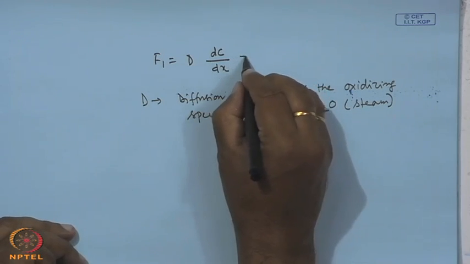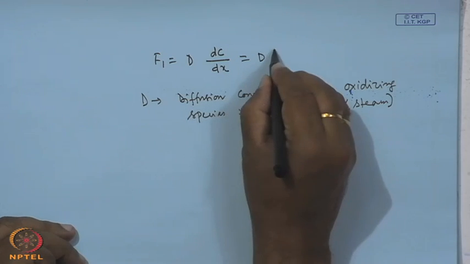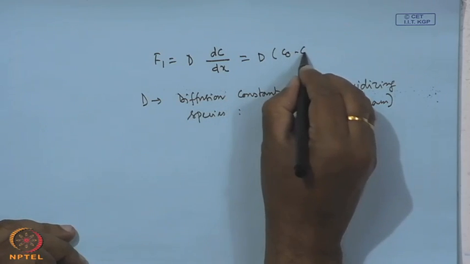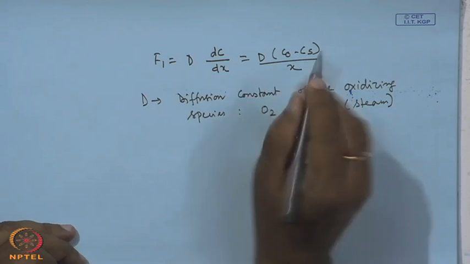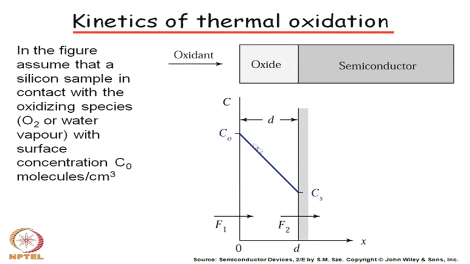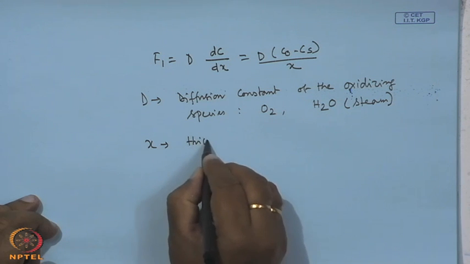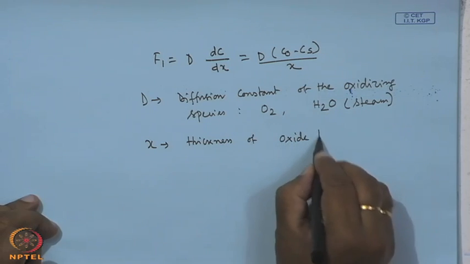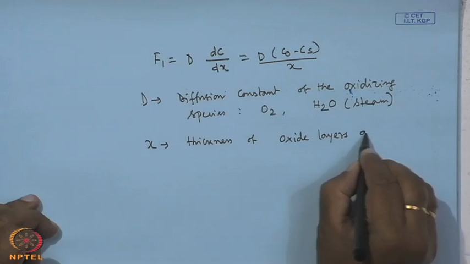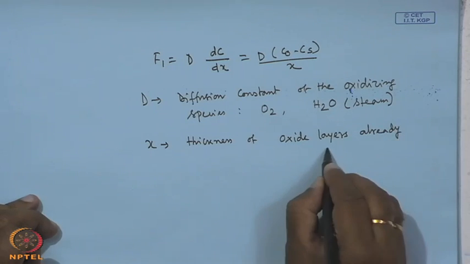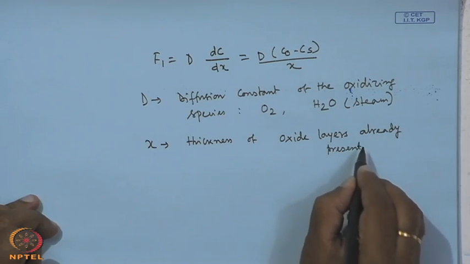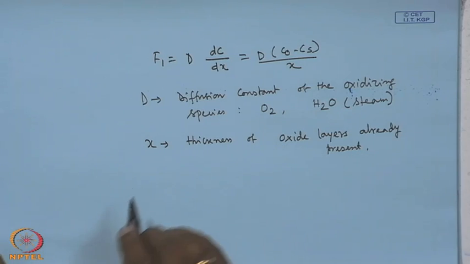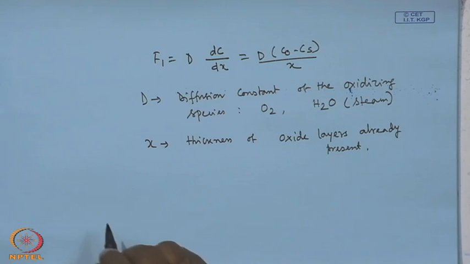This equals D (C0 minus Cs) by x, where x is the thickness of the oxide layer already present or already formed. It can be formed by some other process as well.